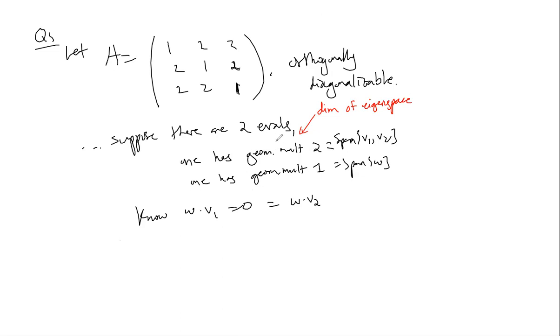So if there were 2 eigenvalues, for example, then you would have some 2-dimensional eigenspace, and so you would need to Gram-Schmidt to get an orthogonal basis. And that's how you would actually orthogonally diagonalize.